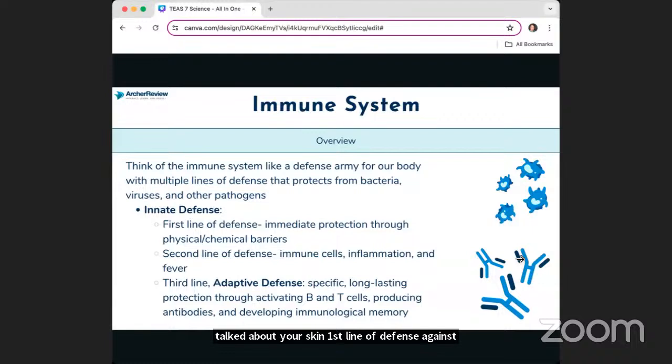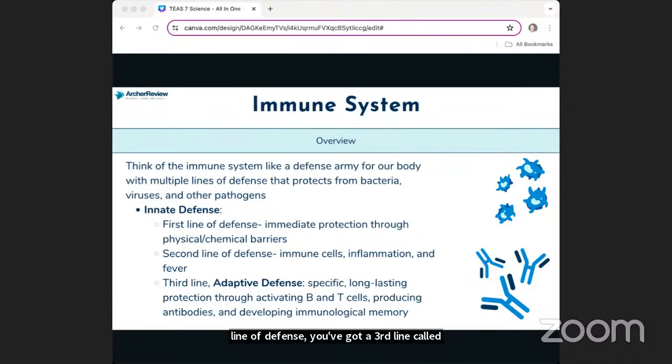The second line of defense that kicks in is your immune cells, inflammation, or a fever. Remember, a fever is going to inhibit the growth of pathogens, and inflammation sends signals to immune cells to get into that area and start doing their job. And if a pathogen still gets through that second line of defense, you've got a third line called adaptive defense.